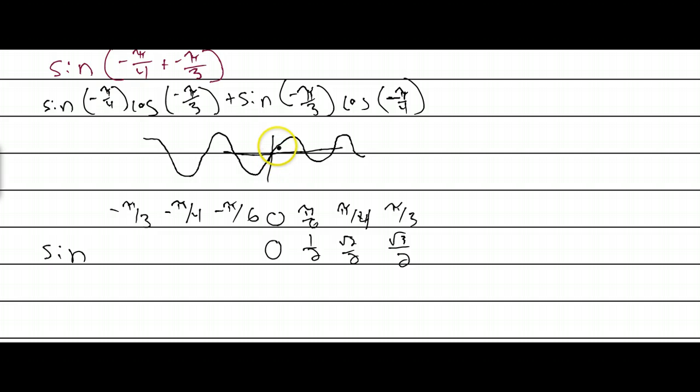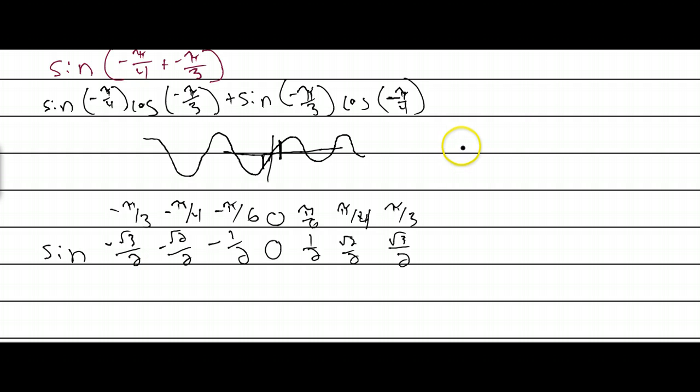So now let's think about it. Negative π over 6, π over 6 is here. Negative π over 6 is here. So it's the same thing, except now everything is going to be negative. So this is negative 1/2. This is negative square root of 2 over 2. And this is negative square root of 3 over 2.